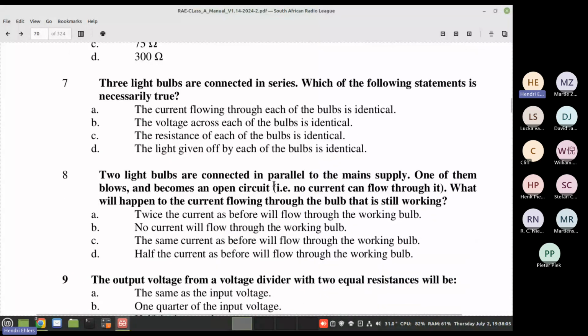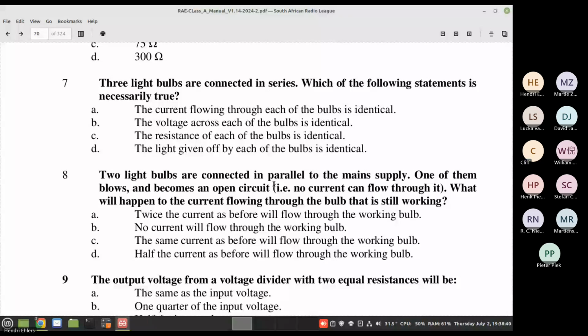Right, so three light bulbs are connected in series. Which of the following statements is necessarily true? I'm in the wrong question.